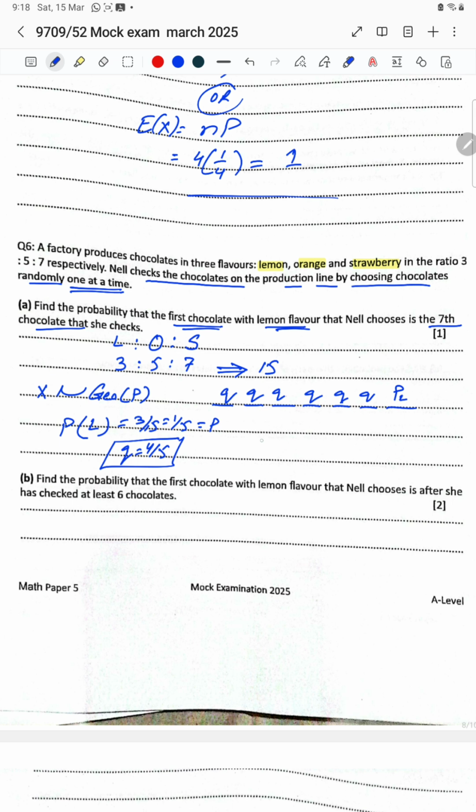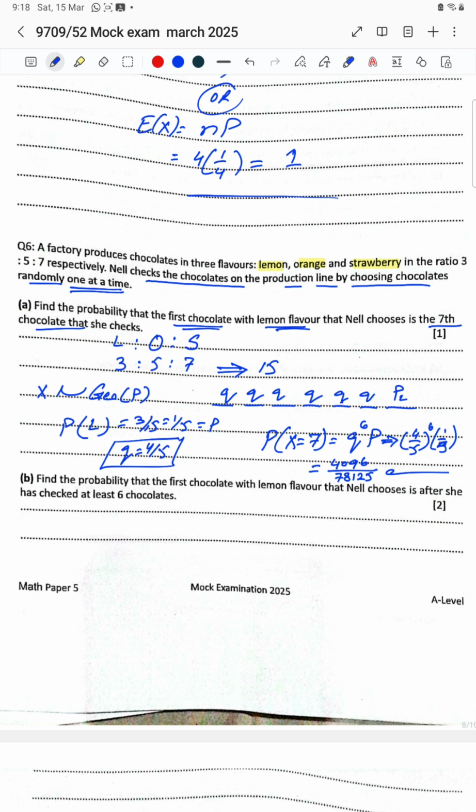If she succeeded in the seventh attempt, the first 6 failed and the 7th she won. So replace the values here: it's 4 by 5 to the power 6, times 1 by 5. We simplify to get the answer. On the calculator: 4096 divided by 78125. I got this one. Either you can write it in decimals, the choice is yours.